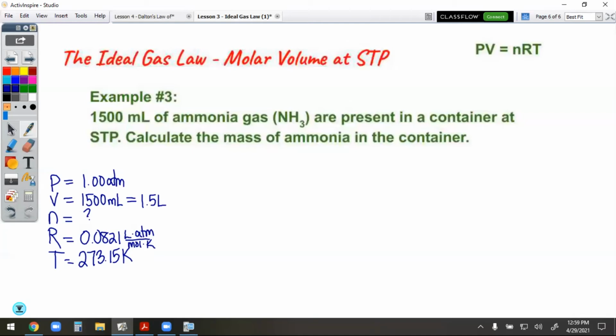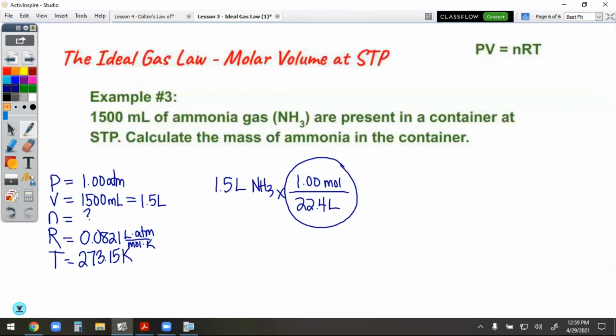If and only if we are at STP, we can use a shortcut. 1.5 liters of ammonia, but again, this would work for any gas, has a volume of 22.4 liters for every 1.00 moles.